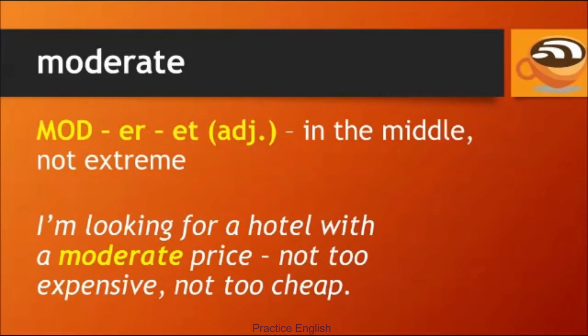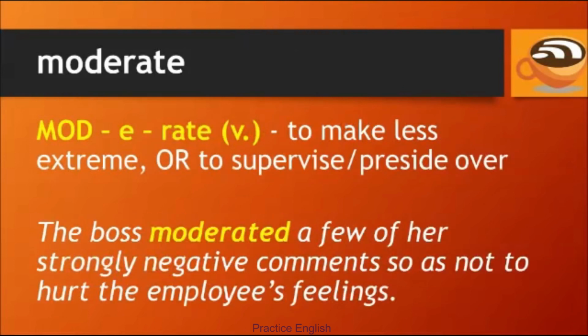Our next heteronym is moderate and moderate. Moderate is an adjective meaning in the middle, not extreme. For example, I'm looking for a hotel with a moderate price, not too expensive and not too cheap. Moderate is a verb meaning to make less extreme or to supervise or preside over.